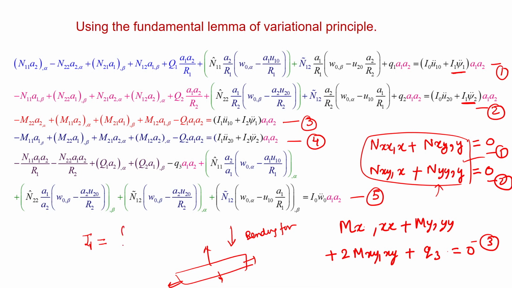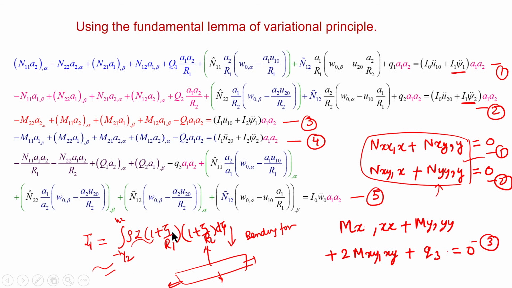mass moment of inertia, it is going from minus h by 2 to plus h by 2 of rho times zeta, times 1 plus zeta by r1 and 1 plus zeta by r2, and dζ. So, for a symmetric shell it gives a value.